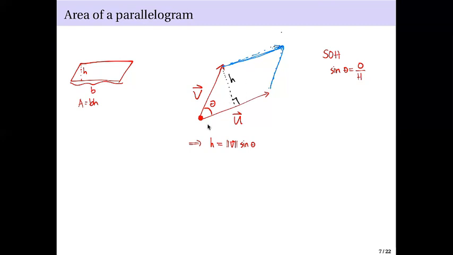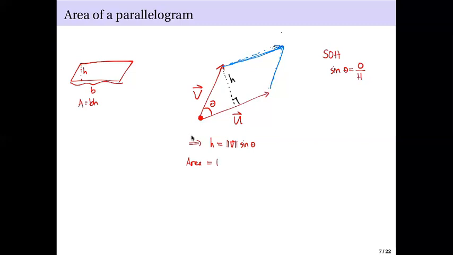So the area of the parallelogram is equal to, according to this, base times height.